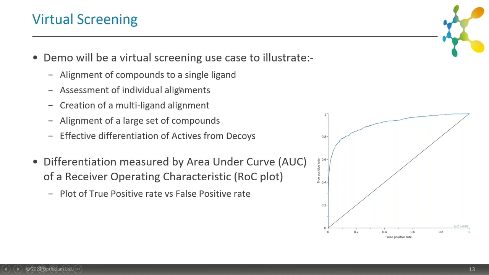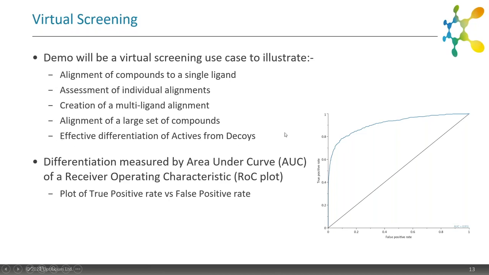You can assess those individual alignments to see where things can be transferred between one series and another and the consistencies between series. And then we'll create a multi-ligand alignment. Again, we can see the effect of aligning the large set of compounds to that multi-ligand alignment, compare it to the single ligand alignment, and show you how you can effectively differentiate actives from decoys.